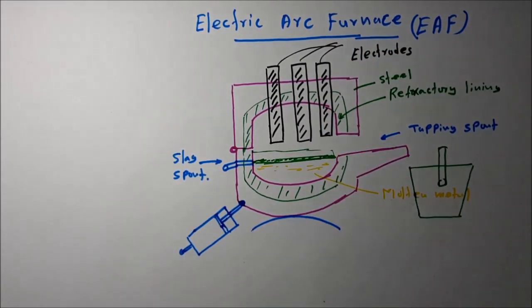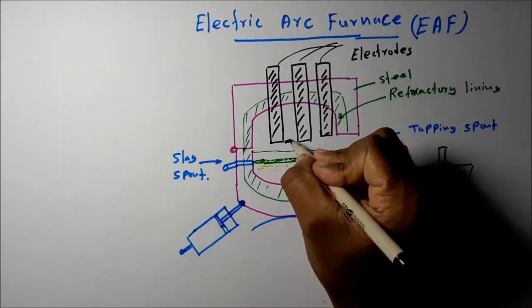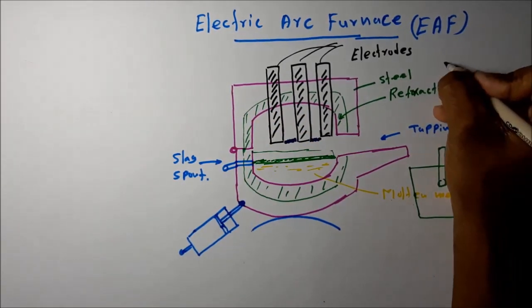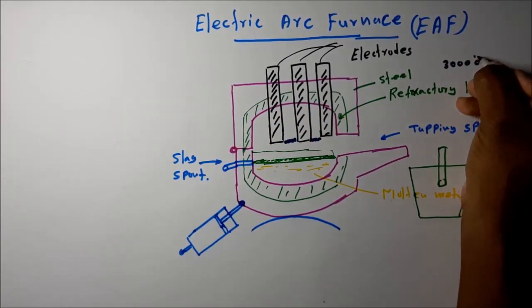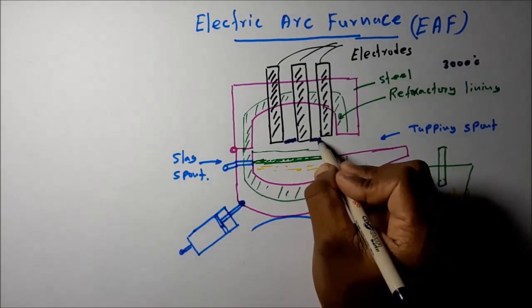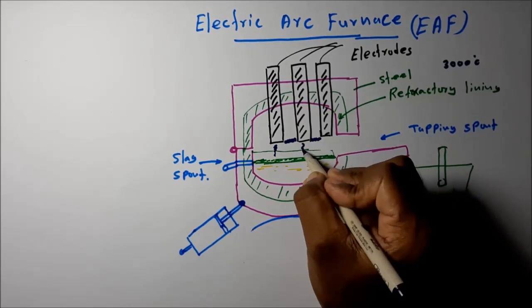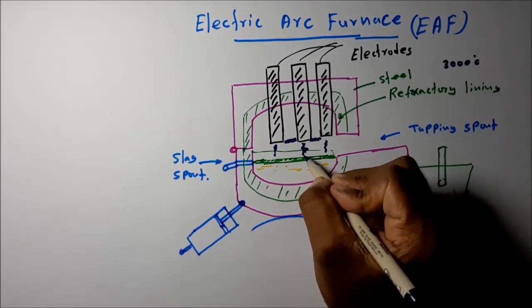Then what happens? The electric arc generates between the electrodes. This high temperature electric arc, normally around 3000 centigrade, is generated between the electrodes, and also between the charge material and the electrode.